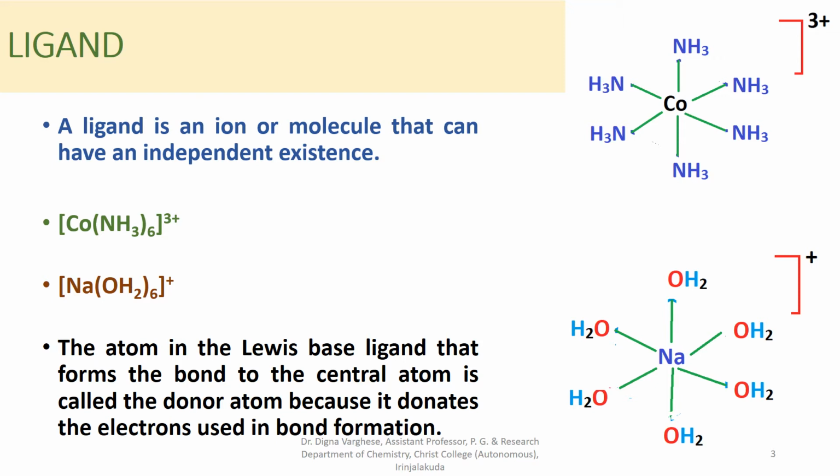Here the nitrogen is the donor atom in the cobalt complex, and in the sodium complex the oxygen is the donor atom. Both oxygen and nitrogen have lone pairs of electrons that can donate electrons to the central metal atom, which acts as a Lewis acid. Here the ligands act as a Lewis base, that is, an electron donor.